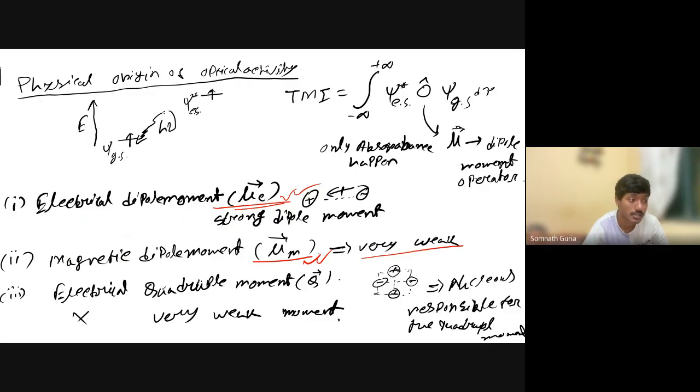But the electrical quadrupole moment, which is generally found in the nucleus, is very small and can be negligible. The magnetic dipole moment is very weak, but it has some value here. These small changes can also affect some activity. So the major strong part is the electrical dipole moment.